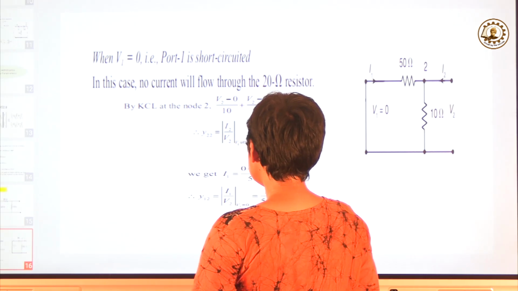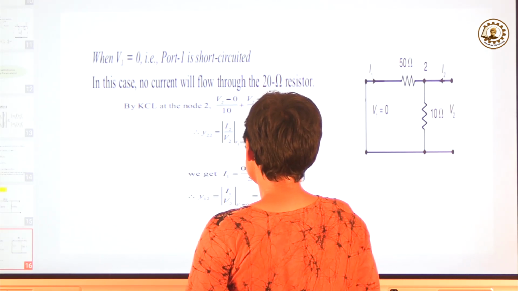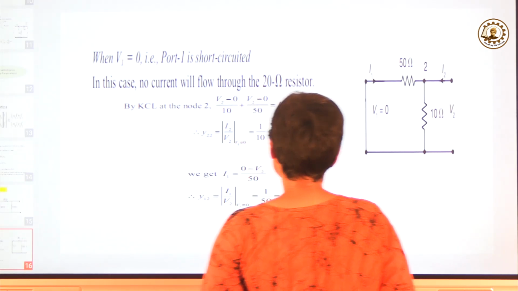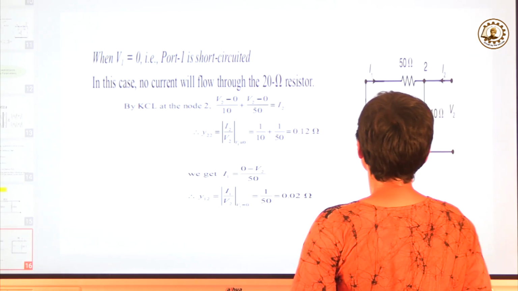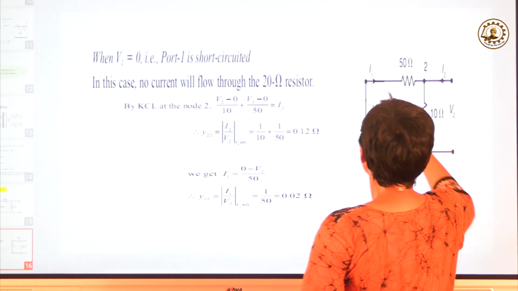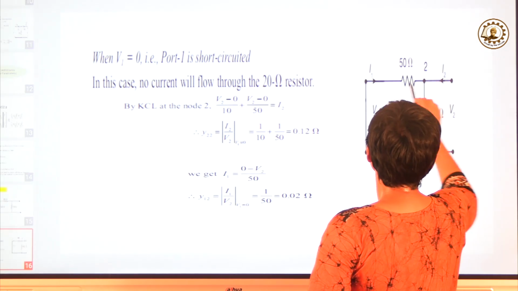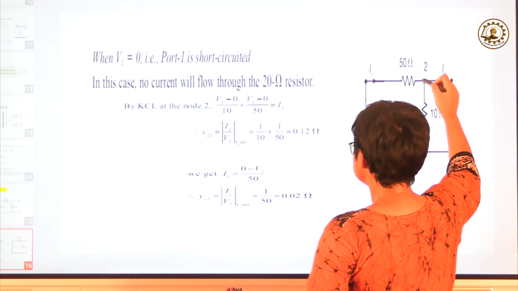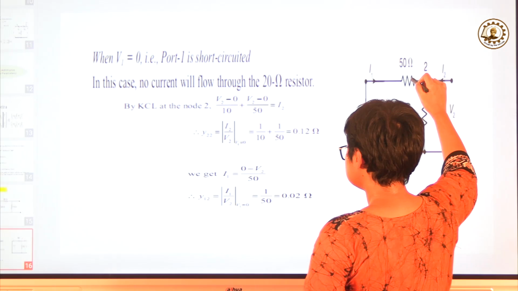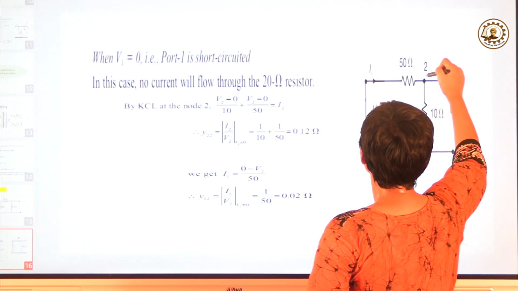Next we need Y12 at this condition. So for Y12 we need a relation between I1 and V2. So (0 minus V2) divided by 50 equals to I1.